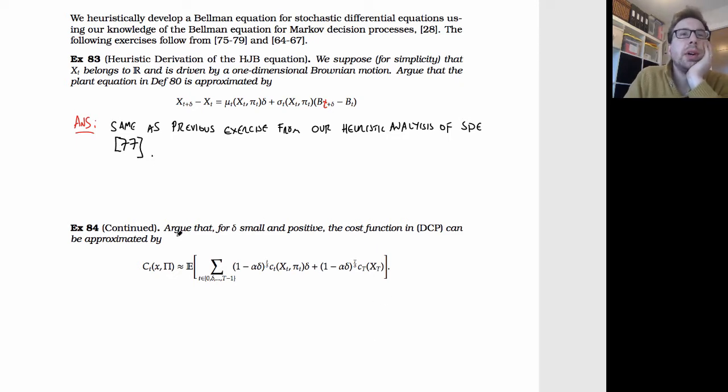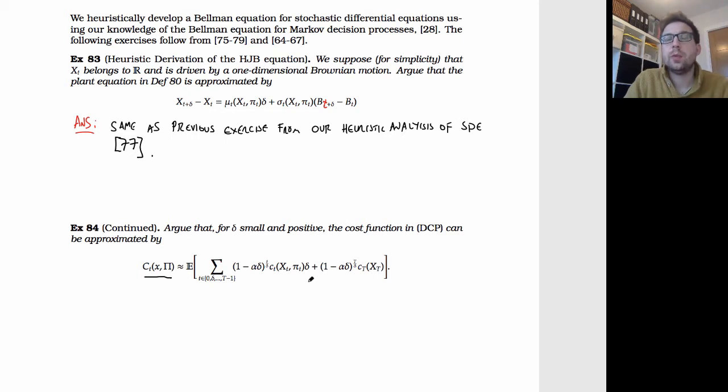Next, argue that for delta small and positive, the cost function that we considered before is approximated by the following. So the cost here, which was an integral, can be replaced by this summation.